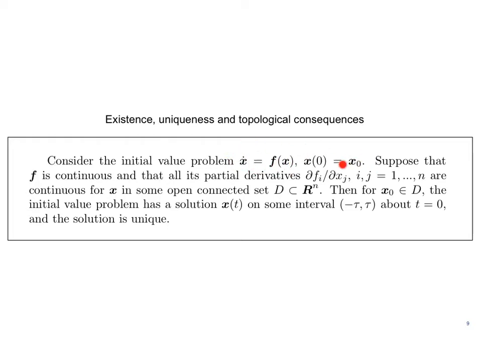We have an initial condition, and we then need the function f to be continuous and also the partial derivatives to be continuous, and this has to hold in a region of interest, and also in an interval of interest. If we have this, with f being continuous and also the partial derivatives, we are in the safe region.